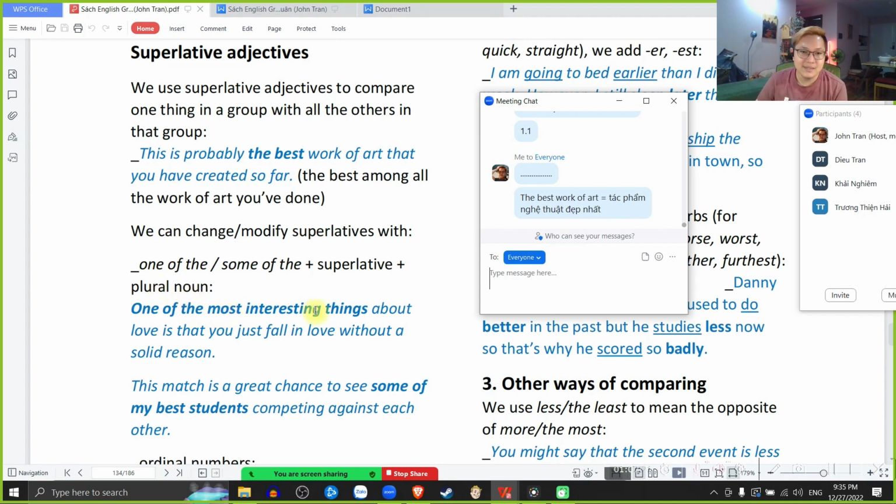One of the most interesting things about love. Một trong những thứ thú vị nhất về tình yêu. One of the most interesting things. You see, plural nouns. One of the nha. Mình nhớ cái dụ có of thì có the, cứ nhớ điều đó đi. If you use of, the high chance that you have the after that.